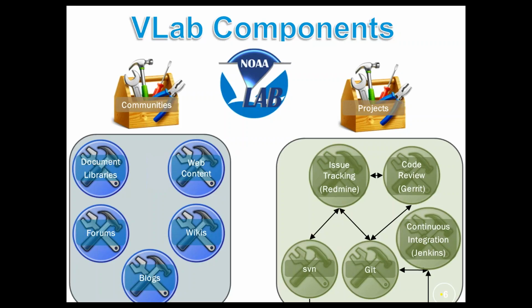So the other half of the virtual lab deals with what we call projects. We have a number of applications that make that job possible. The first one is Redmine. It's used for issue tracking, but it also can be used for real basic project management. So if you have a project in your office where you just need to track milestones and tasks, even requirements definition, then Redmine is a tool that will help orchestrate that process.